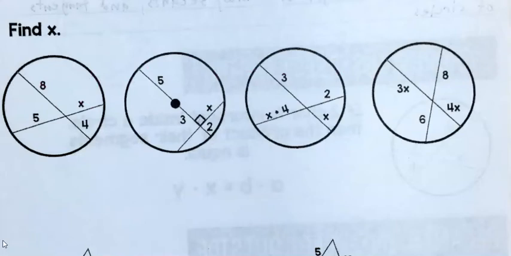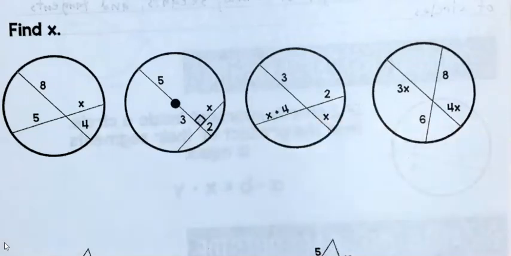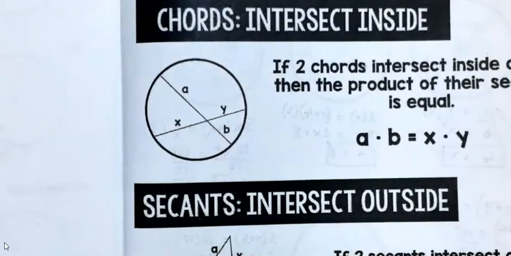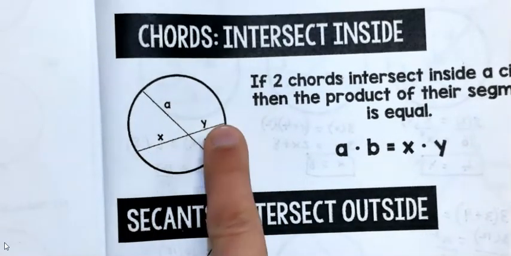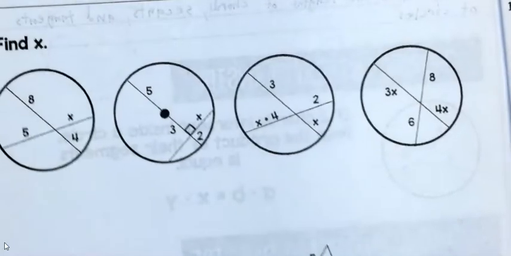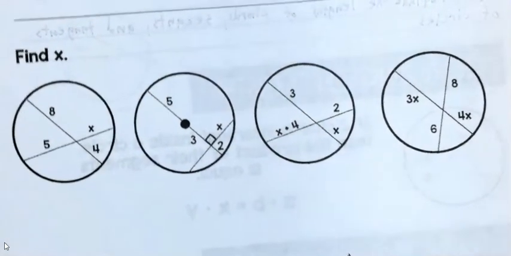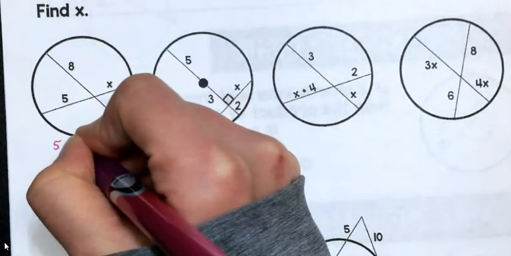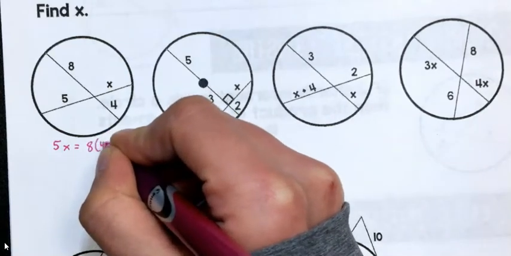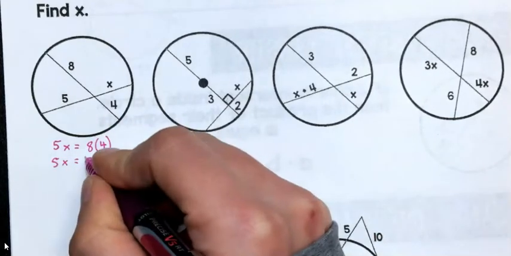Flip to the next page. On the first couple problems up here, the formulas we will be using are from the previous page. This is the setup we have: A times B equals X times Y. So we do the same thing here: 5 times X is equal to 8 times 4. 5X is equal to 8 times 4, which is 32.